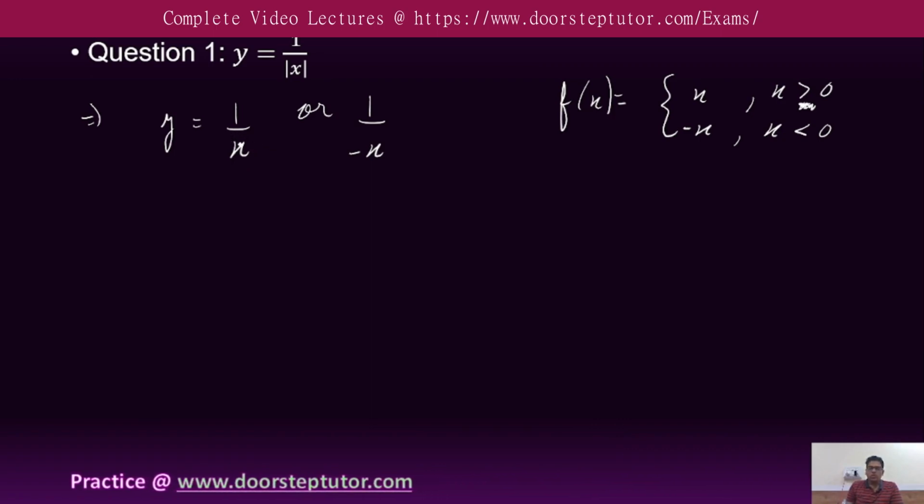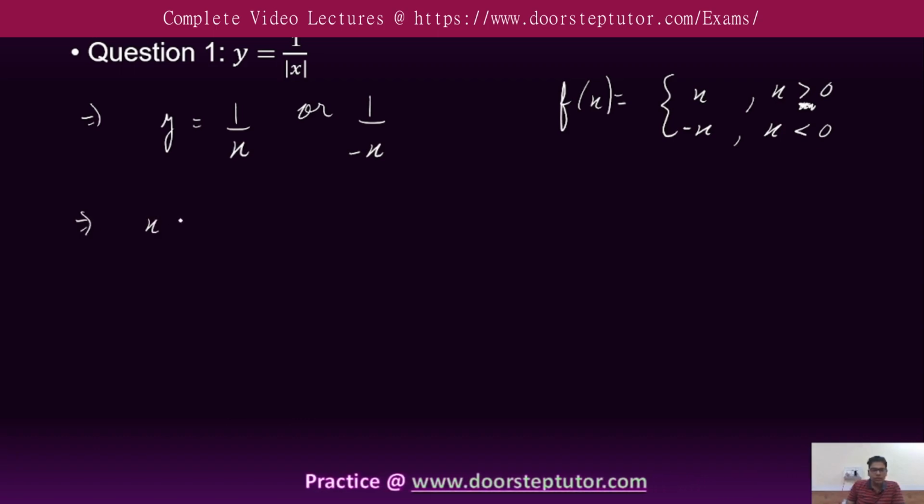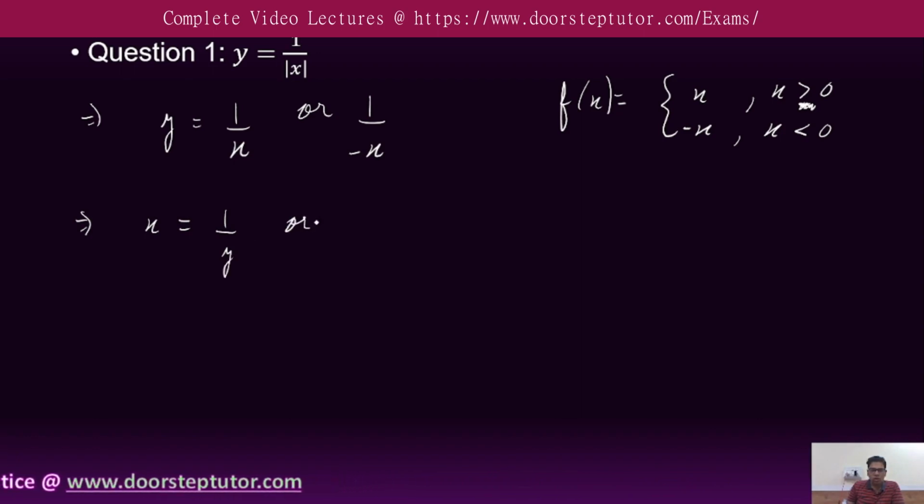If x is greater than 0, then we get y equals 1 by x. If x is negative, then we get y equals 1 by minus x. If we rearrange this, then we get x equals 1 by y or x equals minus 1 by y. Got it?